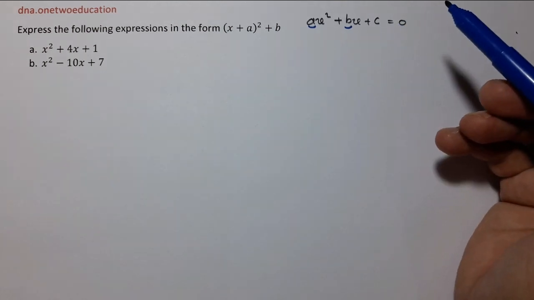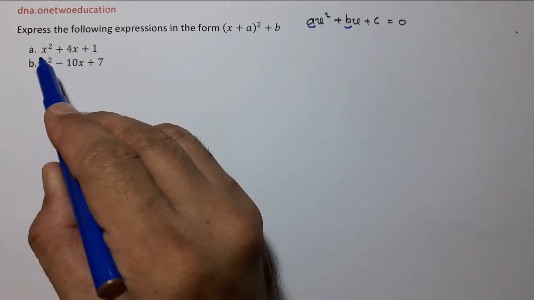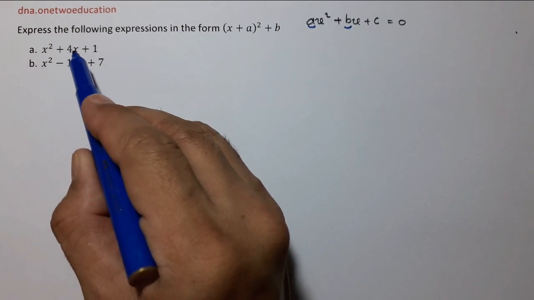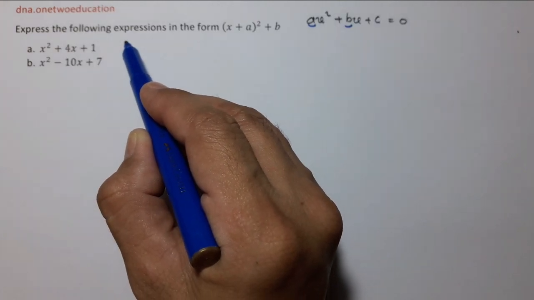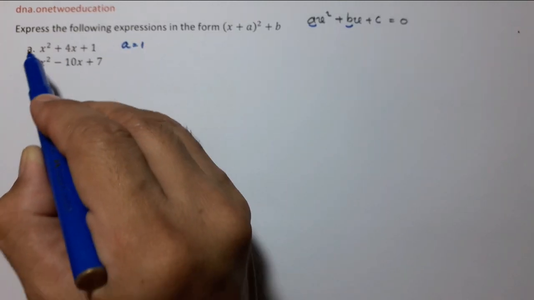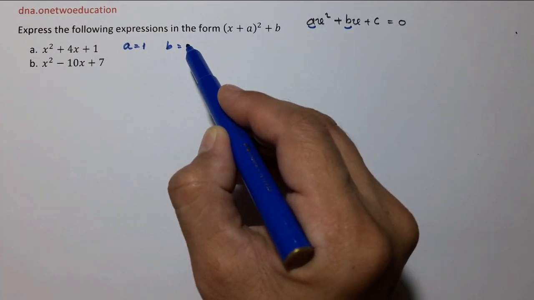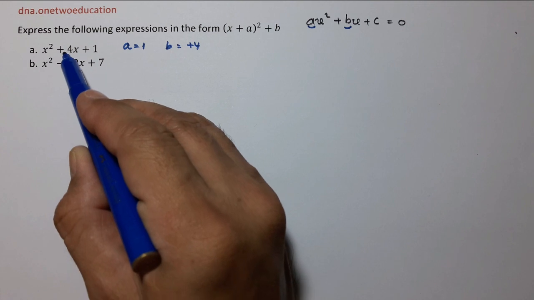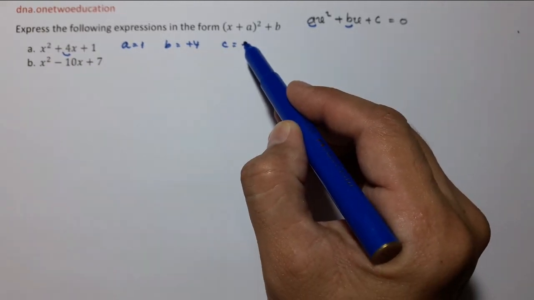Okay, look at number 1a. For x squared plus 4x plus 1, we can mention here a is 1, the hidden number. b is positive 4, and c is positive 1.